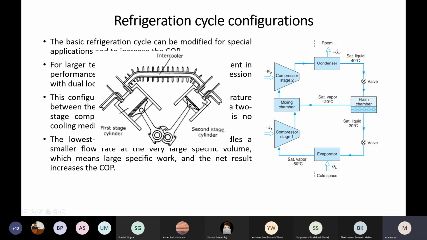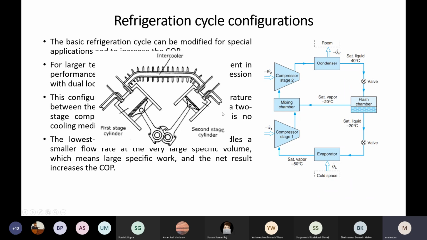So these both have a certain volume relation. Otherwise, if you take a big cylinder again, whatever you have compressed here would expand again over here. There is no benefit. That's why this cylinder is always bigger and this cylinder is smaller. Both are connected with this kind of intercooler.